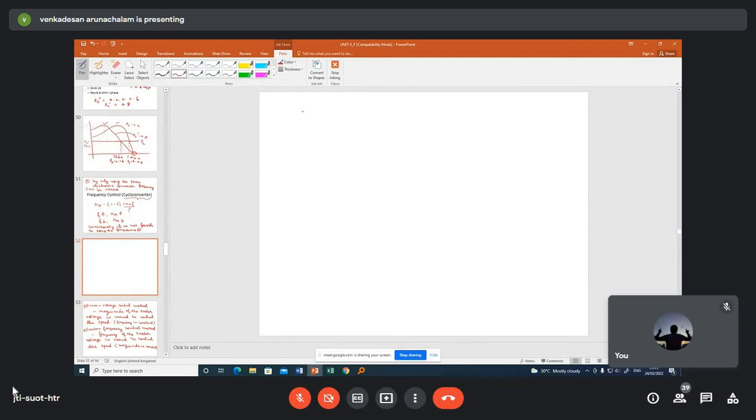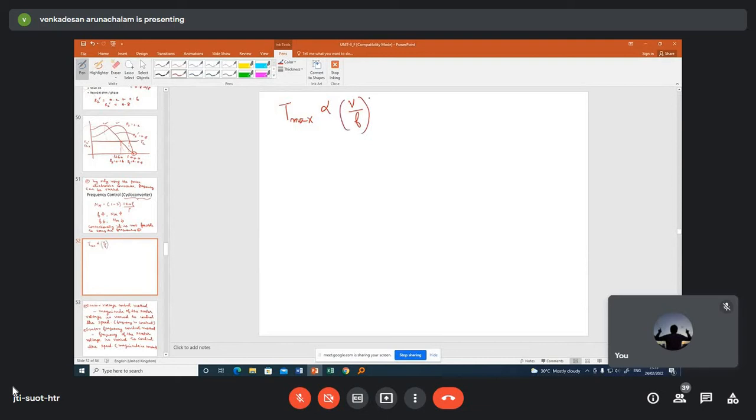But some inference we will take directly from the derivation. When you derive the torque equation in terms of frequency, the maximum torque you will get is proportional to (V by F) whole square.